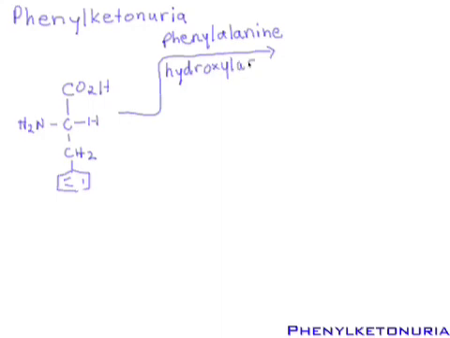Once they do this reaction, they produce an OH, and they make the molecule tyrosine from phenylalanine.